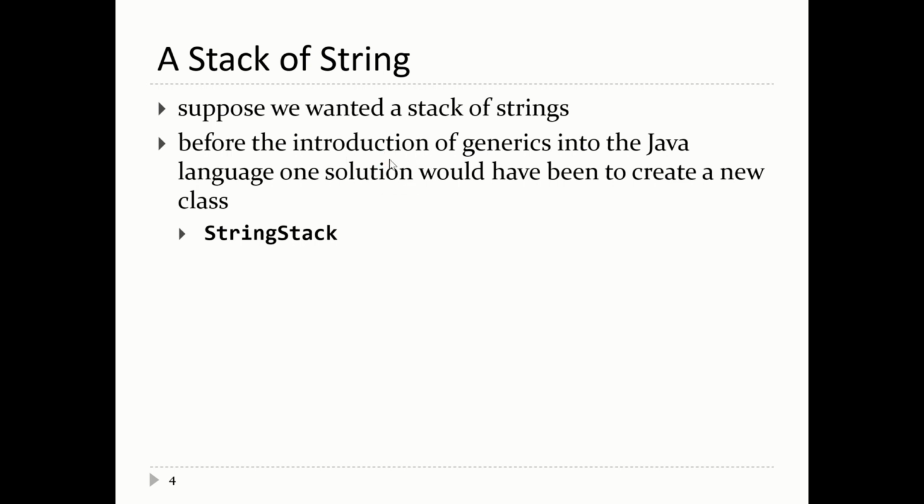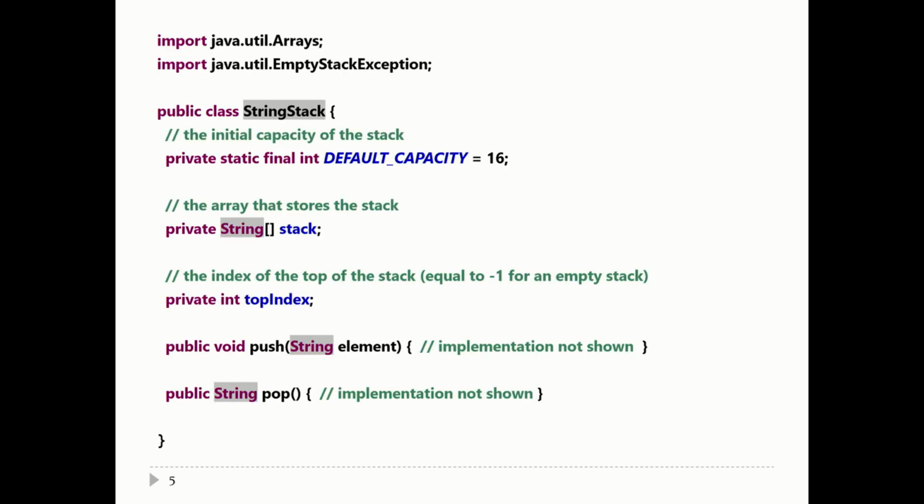Okay, so is there another solution? One solution would have been to make a new class. If I make a string stack and look at the differences between a string stack and an int stack, you'll find very quickly that there are almost no differences at all.